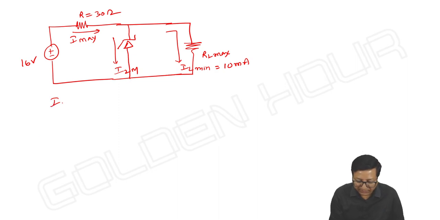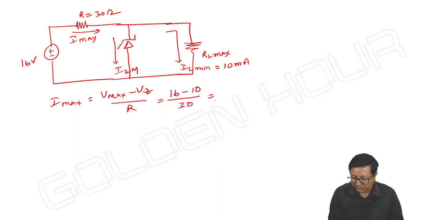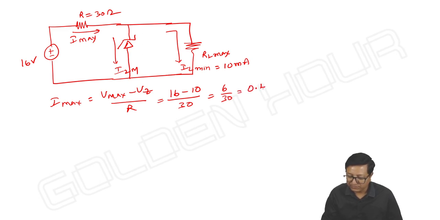So I can write I max is equal to V max minus Vz by R. It is 16 minus 10 by 30, 6 by 30. 6 by 30 means 1 by 5, which is 0.2 ampere or 200 milliampere.